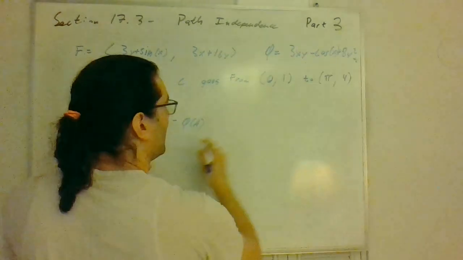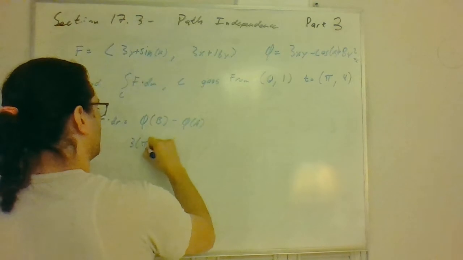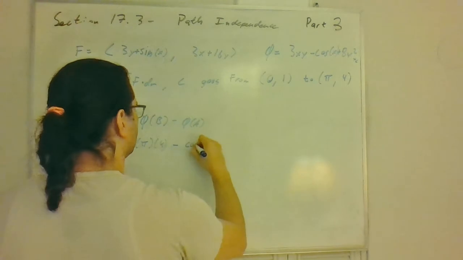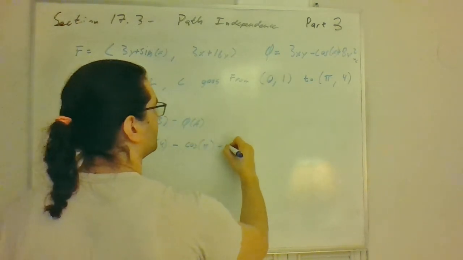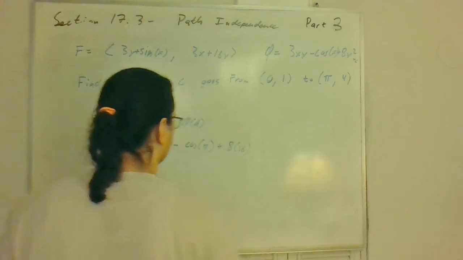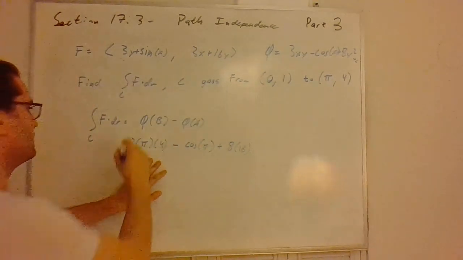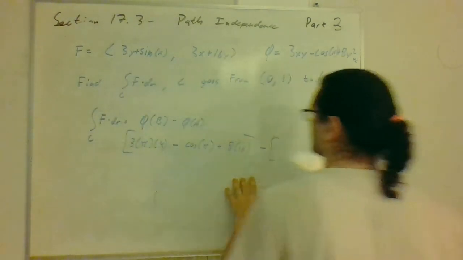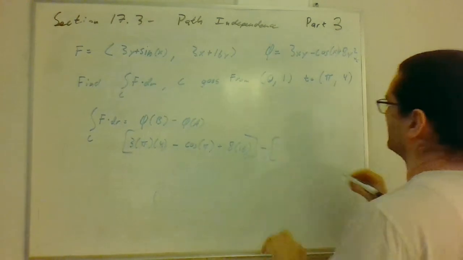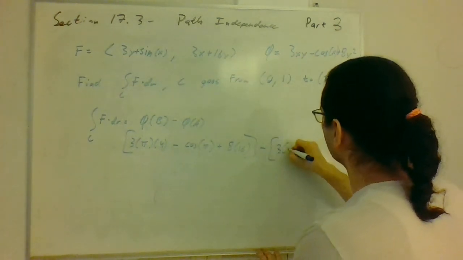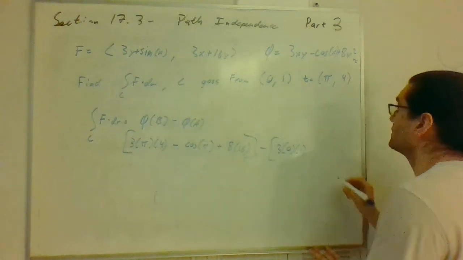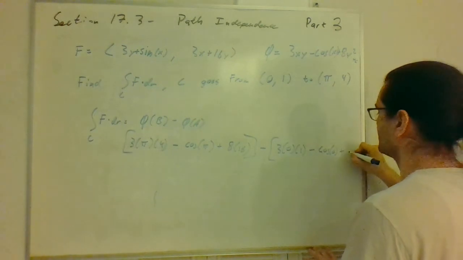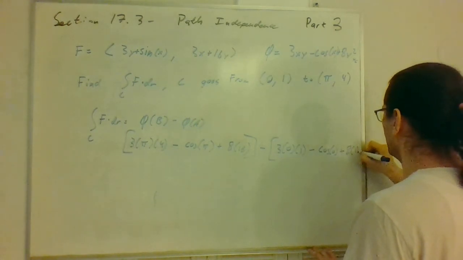Evaluating this at pi comma 4 is going to give me 3 times pi times 4, so 12 pi, minus the cosine of pi plus 8 times 16. So this is phi of b. And from this I need to subtract what happens when I evaluate this at (0, 1). This is going to be 3 times 0 times 1, which is 0, minus the cosine of 0 plus 8 times 1.